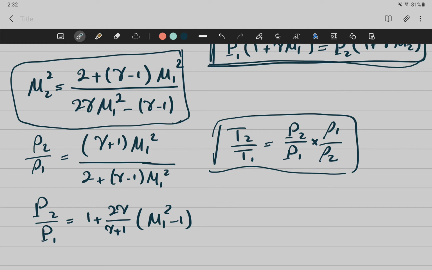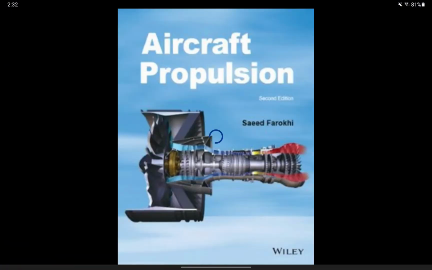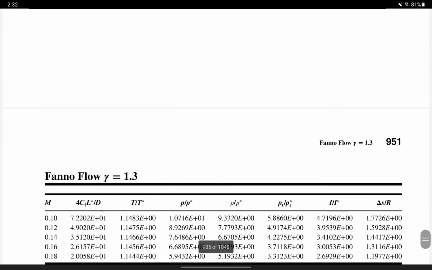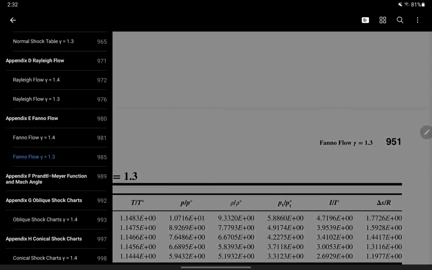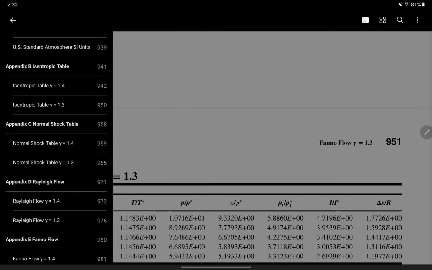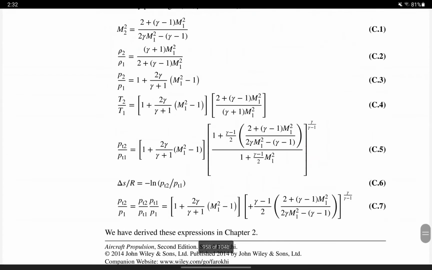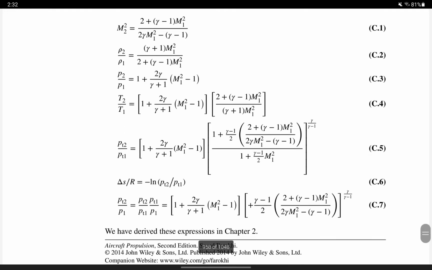Where can we find the tables? Everywhere, essentially. But if you have the book, you can go to the appendices, and this is appendix C, the normal shock table. They have all of the equations that we just mentioned listed here, except for the total pressure ratios.